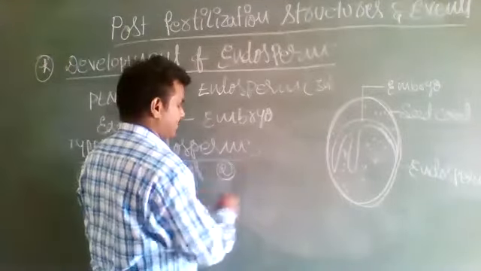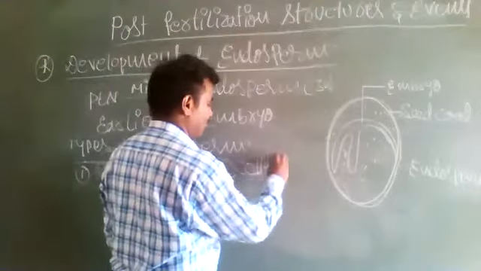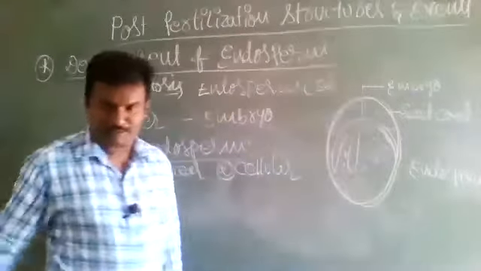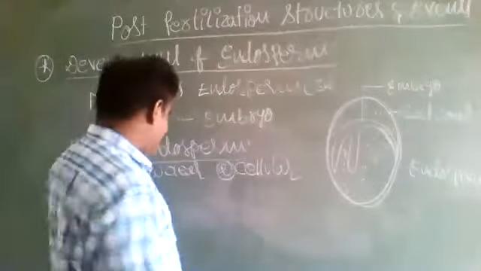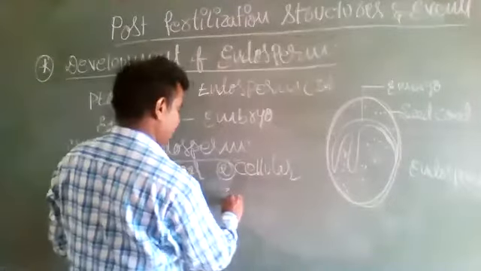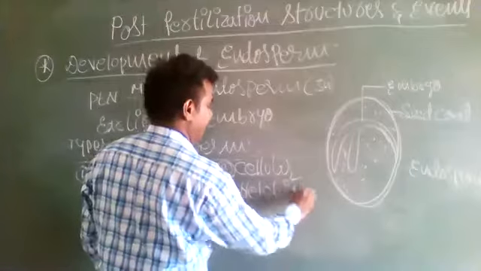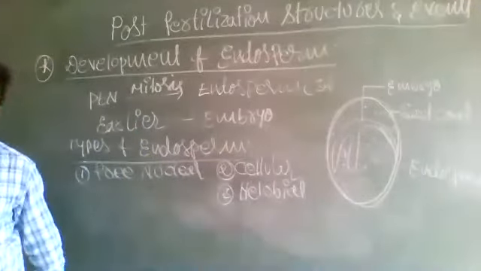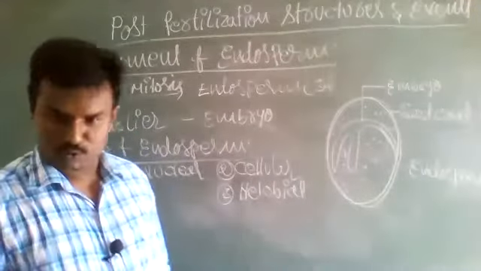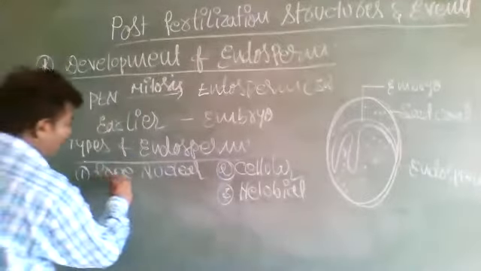The second one is cellular endosperm. And third one is helobial endosperm. See, free nuclear endosperm.